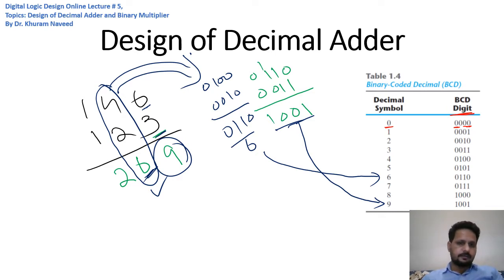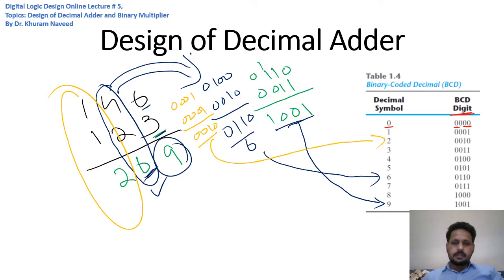And here again, as you can see, we can perform this addition using BCD codes. So 0, 0, 0, 1 and 0, 0, 0, 1, and when we add these two, we get 0, 0, 1, 0, which is BCD of 2, right?